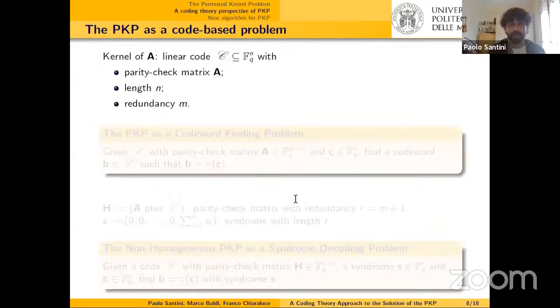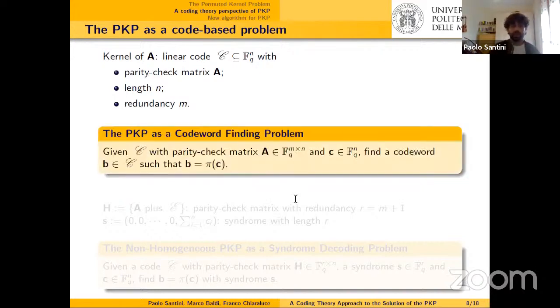Now, I guess that as I was speaking, you have already seen that the problem has some very strong connections with linear codes. Indeed, the kernel of the given A can be seen as a linear code. In particular, the code is the one that has parity check matrix A and has length M and redundancy M. So starting from this simple consideration, we can translate the PKP into a code word finding problem.